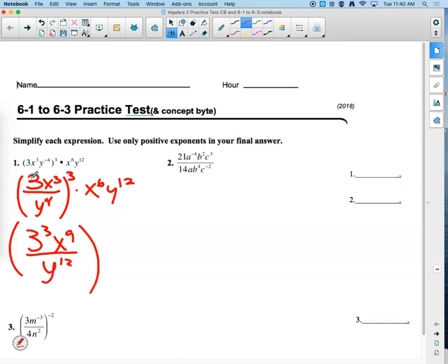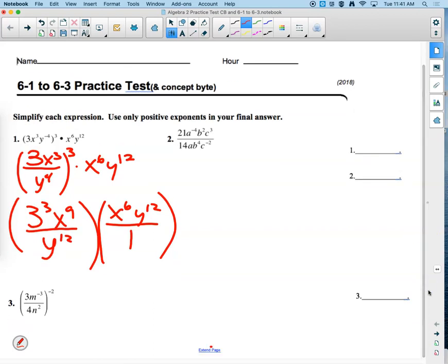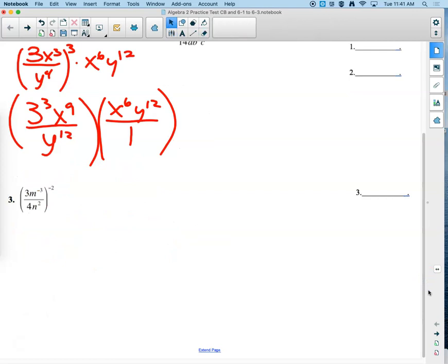Now I realize I have a fraction, and I'm going to make the second one a fraction because when you work with fractions, it's easier to have everything be fractions. And now at this point, one of the things we said we should do was make it look like math we had already done before. And the math we had done before involved just having one fraction. So we would put these together into one fraction, and that would give us, what is 3 to the third? 27.